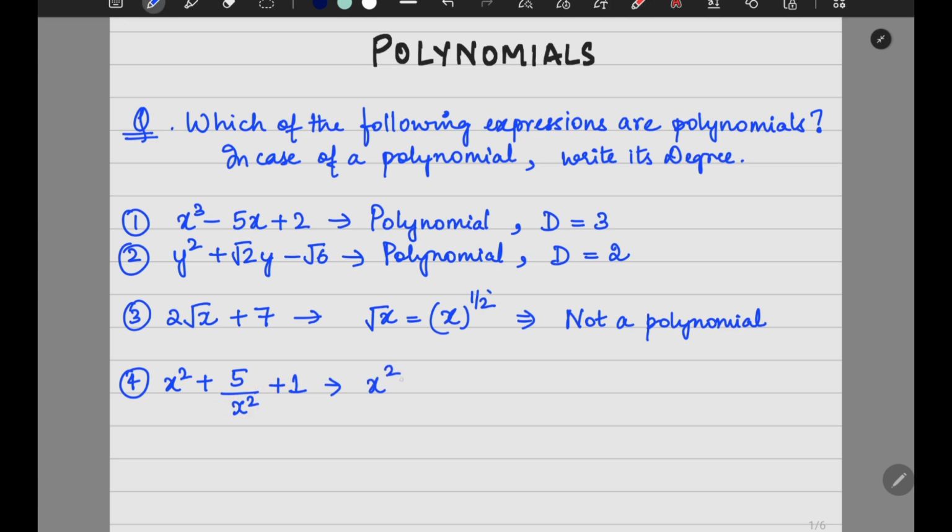This will turn into x square plus 5 into 1 by x to the power 2, so it is x to the power minus 2 plus 1. Only if this expression has the power of the variable everywhere as a whole number can this algebraic expression be called a polynomial. Here you have a negative term. Therefore, it is not a polynomial.